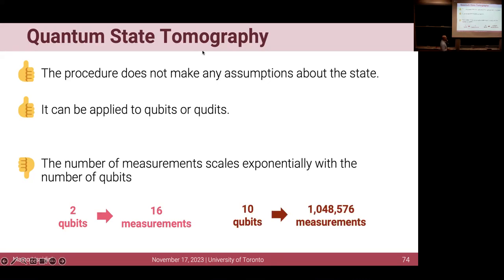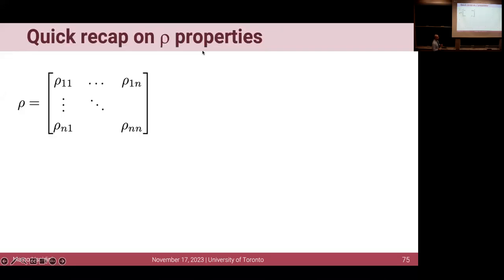So I was thinking about something that is quantum state tomography inspired, but tries to make it a little bit more accessible for experiments with large Hilbert space. And so I went back to the density matrix and I said, okay, the density matrix has some important properties to be a physical density matrix. So as I mentioned, positive definite and unit trace.